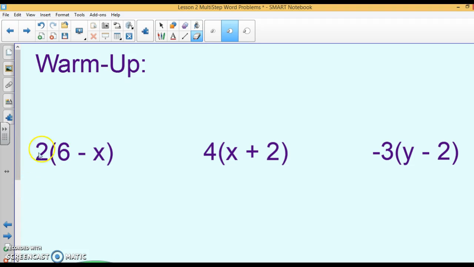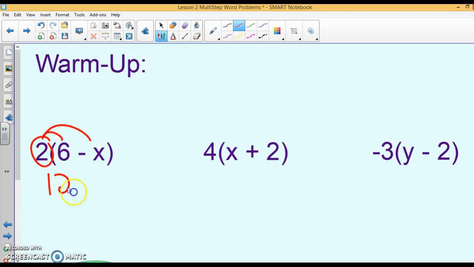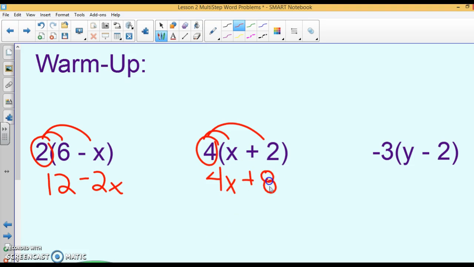So starting with our first one, I want to distribute my 2 inside my parentheses. I'm going to do 2 times 6 is 12, and 2 times negative x, always remember that sign, is going to be minus 2x. Now my next one, I'll have 4, distribute that inside, so I have 4 times x is 4x, and 4 times 2 is going to be positive 8.